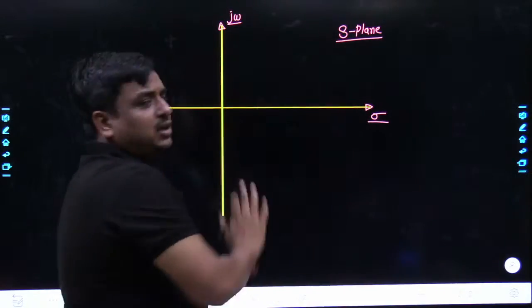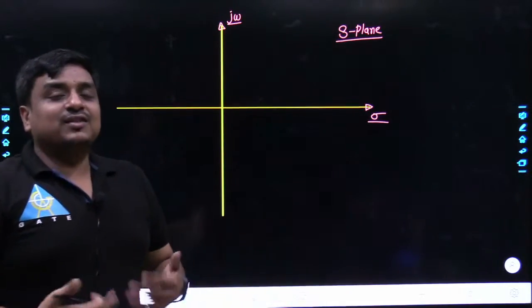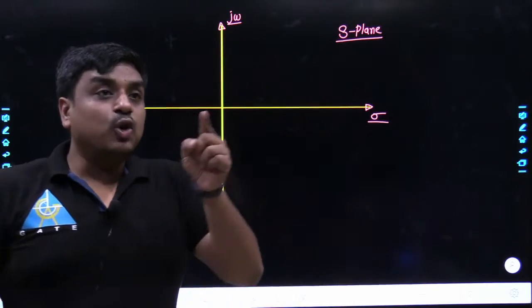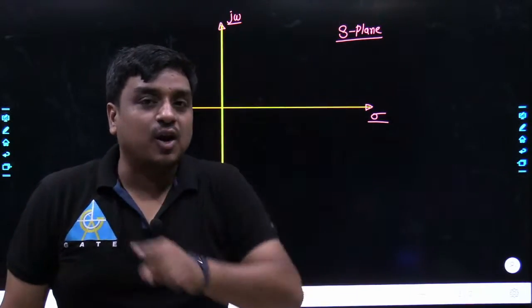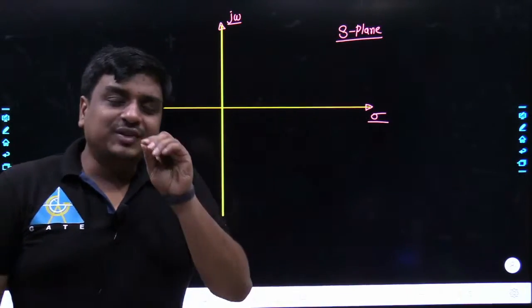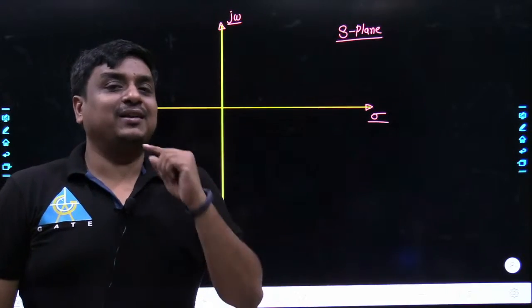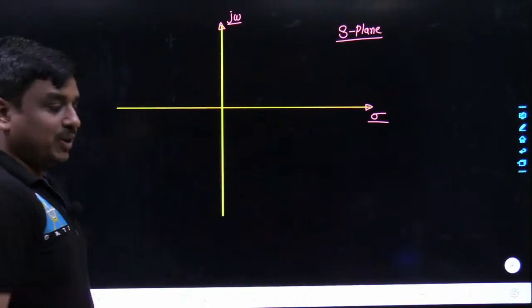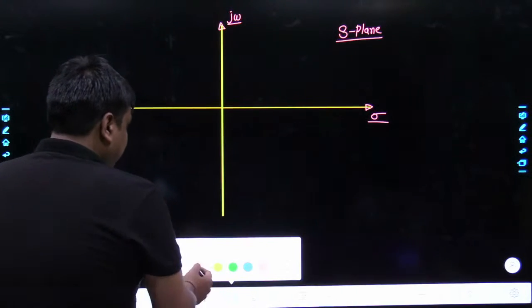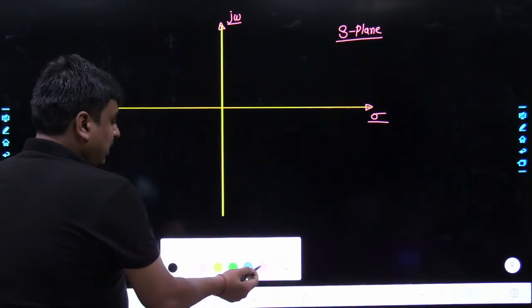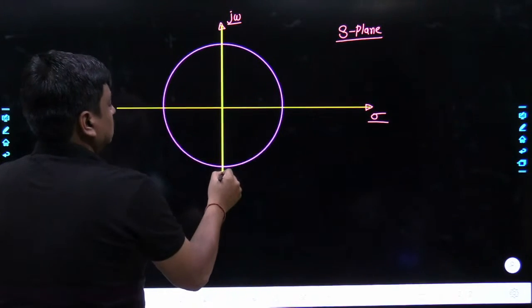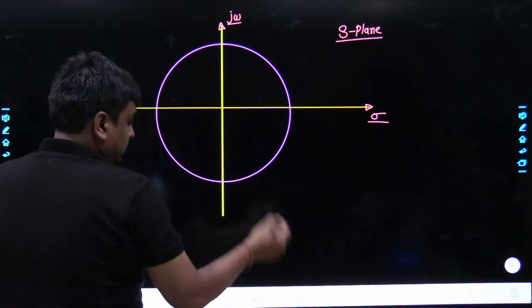And you have seen earlier, if the value of zeta changes, the pole's location would change from its place, but they would always be making a round and round and round, whose center would be the origin of the s-plane. At the same time, the radius would be omega n. So let me take a circle. So here I have taken a circle.